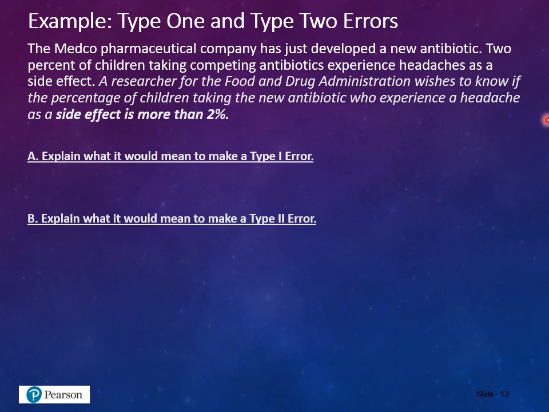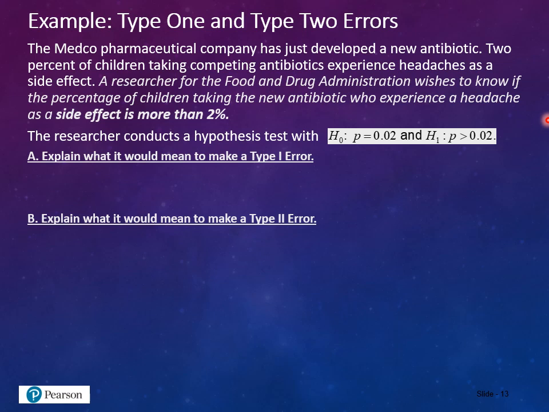Explain what it would mean to make a type 1 error. Now remember, a type 1 error uses only one hypothesis, the null hypothesis. And so the conclusion is that the null hypothesis was found to be true. Now, do we reject or accept it? Well, if it's found to be true, an error would mean that we reject that null hypothesis, okay?